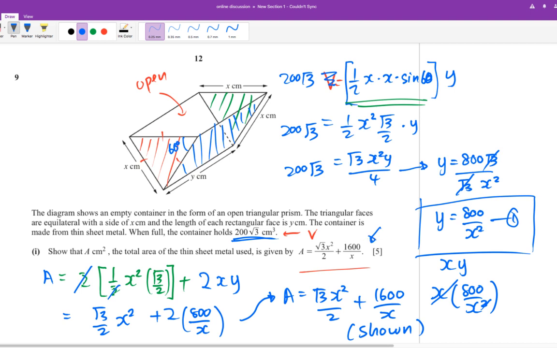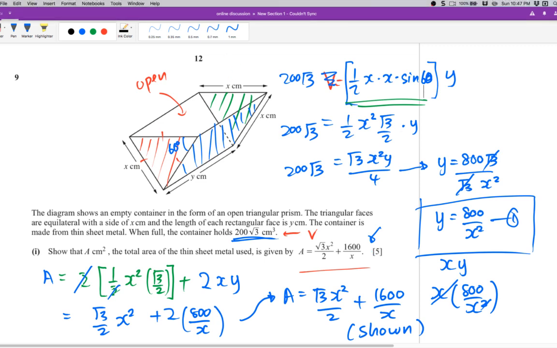So in terms of x, I know at the beginning I need to make y the subject. If I make x the subject at the beginning and substitute it into the area, I will get the area in terms of y, which is not what I want. So I will always make y the subject if I see the area in terms of x. You realize it's hanging already, so I will need to close it and open it again.